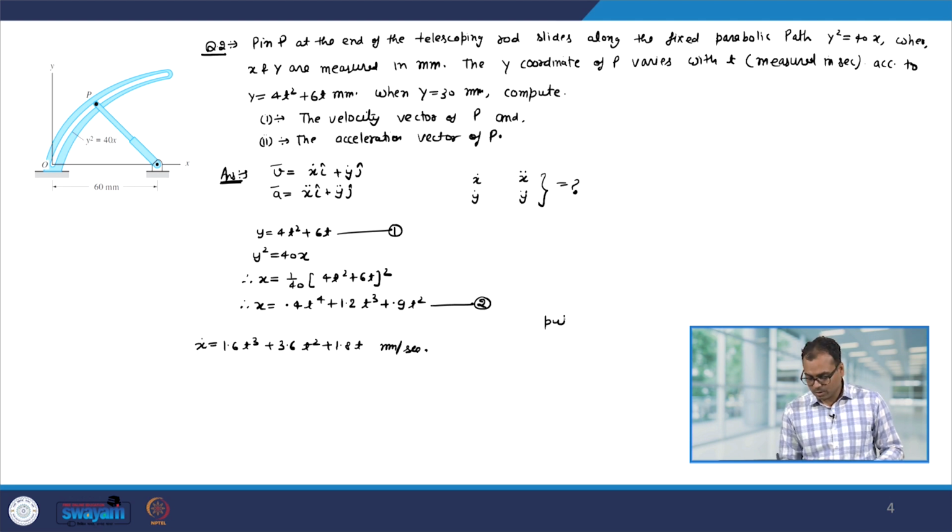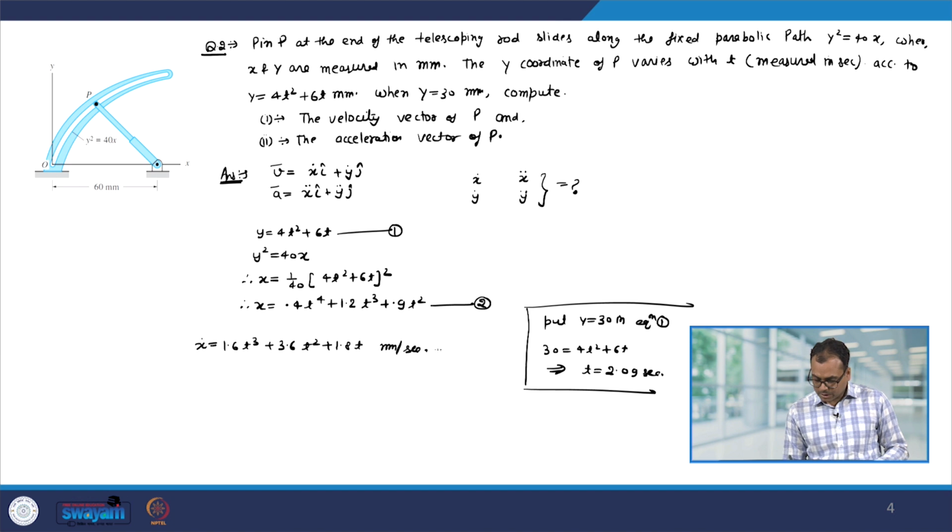So, let us put y equal to 30 in equation number 1 to find out the t when this happens. So, we have 30 equal to 4t square plus 6t, and this gives you t equal to 2.09 second. I can put this value over here and you will get x dot equal to 34.1 millimeter per second.